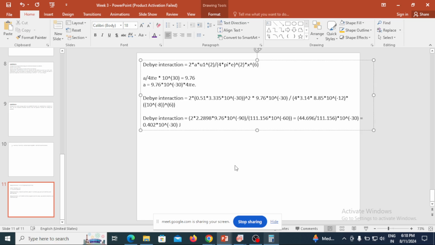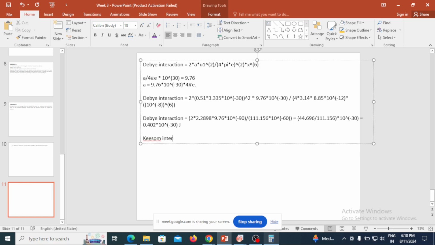Again, it's a very clumsy calculation, so please be careful with your digits, the substitution of the values for the variables, and the unit conversion. Next we have the Keesom interactions.